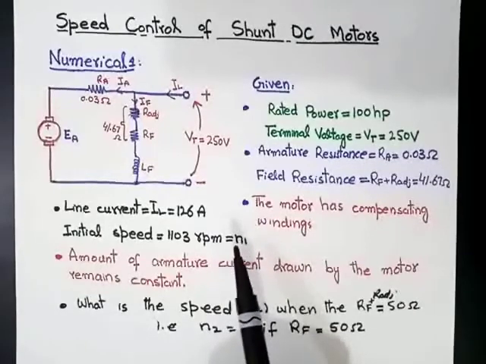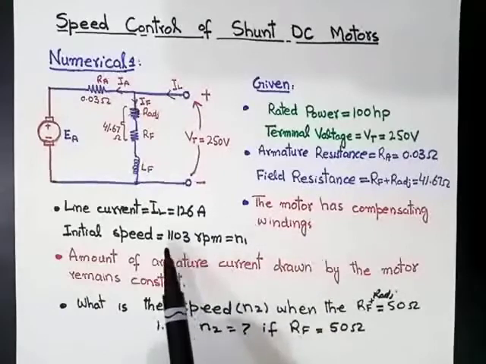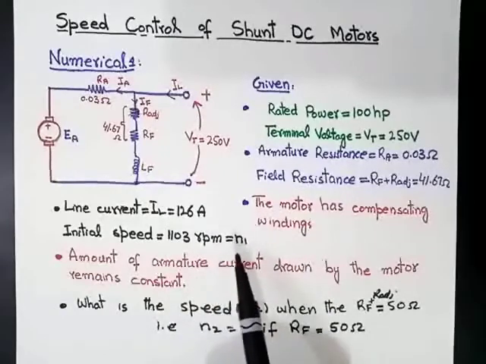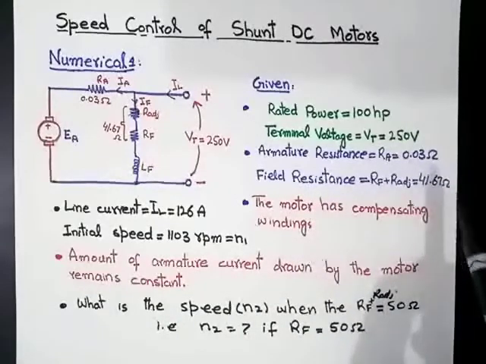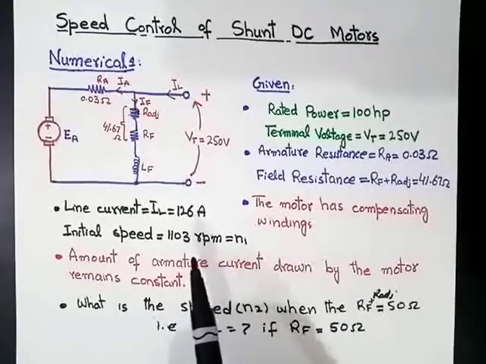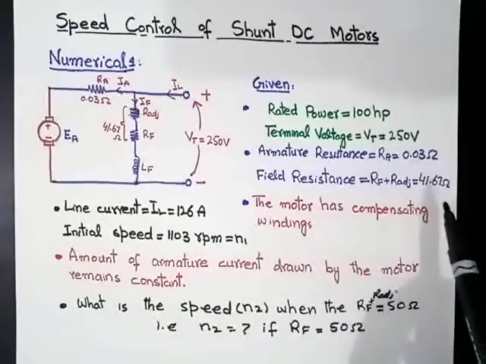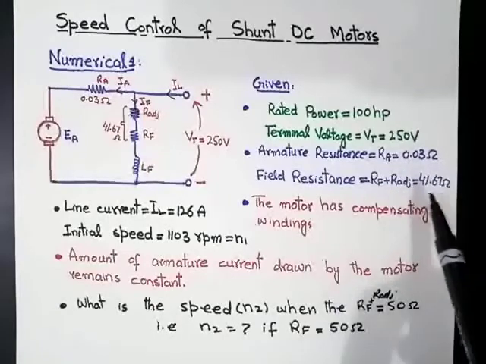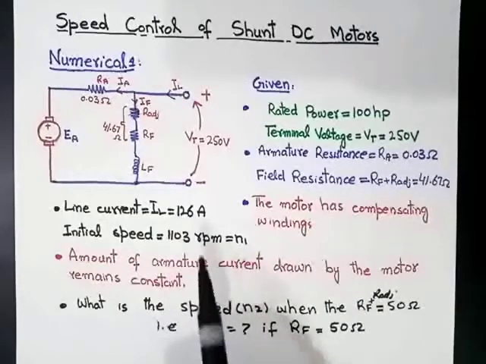The speed N1 is 1103 revolution per minute when the field resistance is equal to 41.67 ohm.